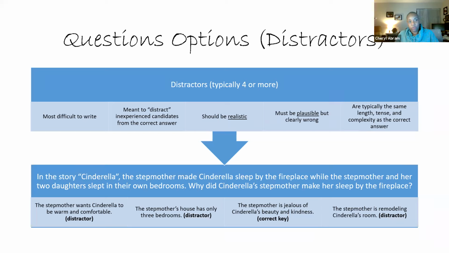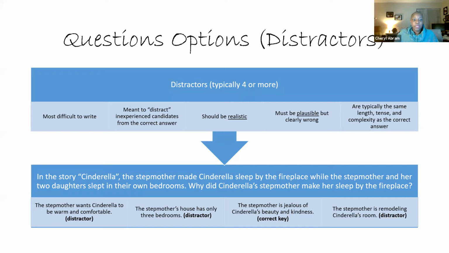And you're going to get that help from distractors. Distractors for exam writers are the most difficult to write. They're not easy. They're meant to distract inexperienced candidates from the correct answer, because if you're experienced, this won't work for you. You know what the correct answer is if you've done the work.